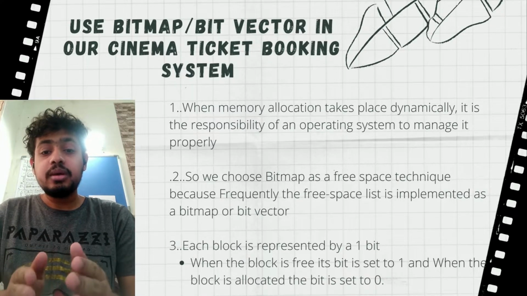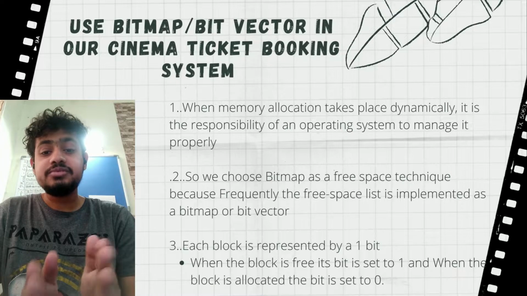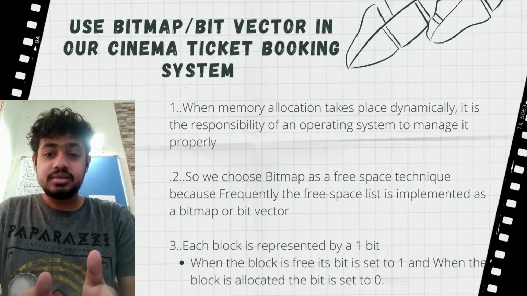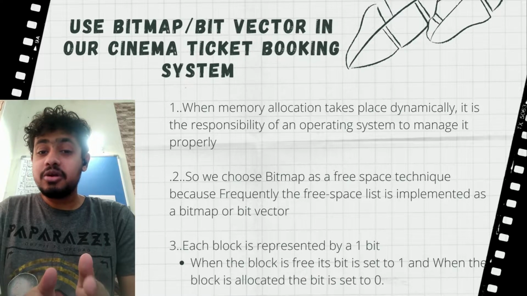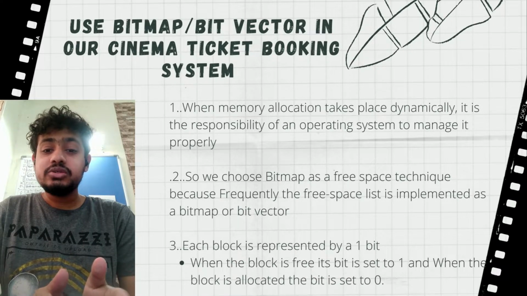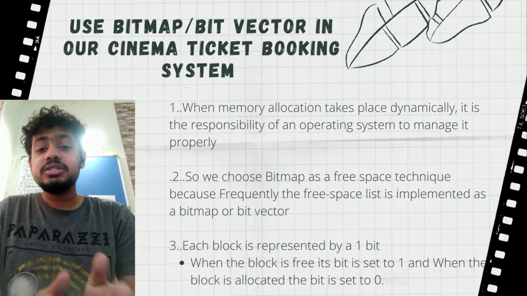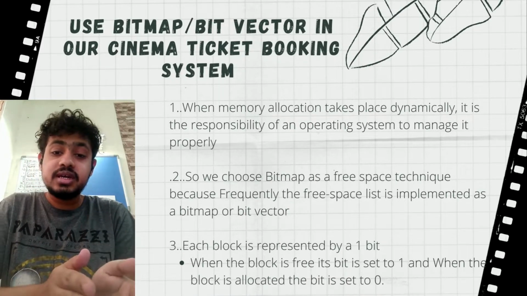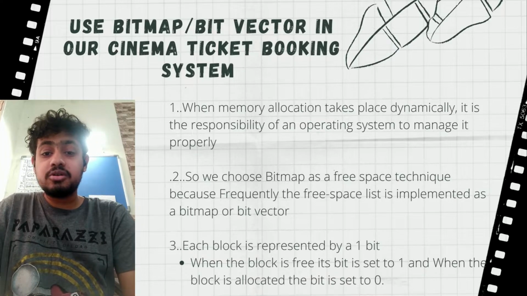When the seat is free, it's set to 1, and when the seat or block is filled or allocated, it is set to 0. So 0 means the block is already filled, and 1 means the block or seat is free.